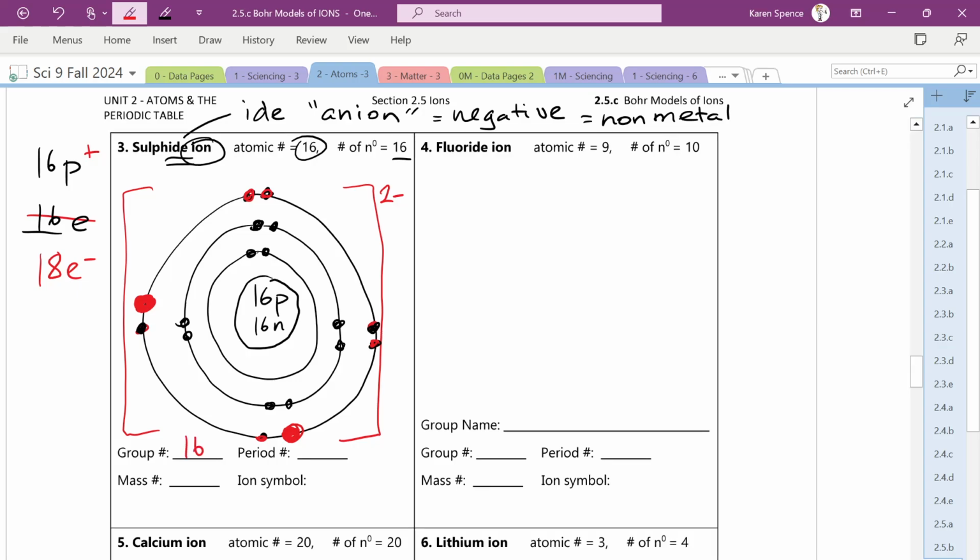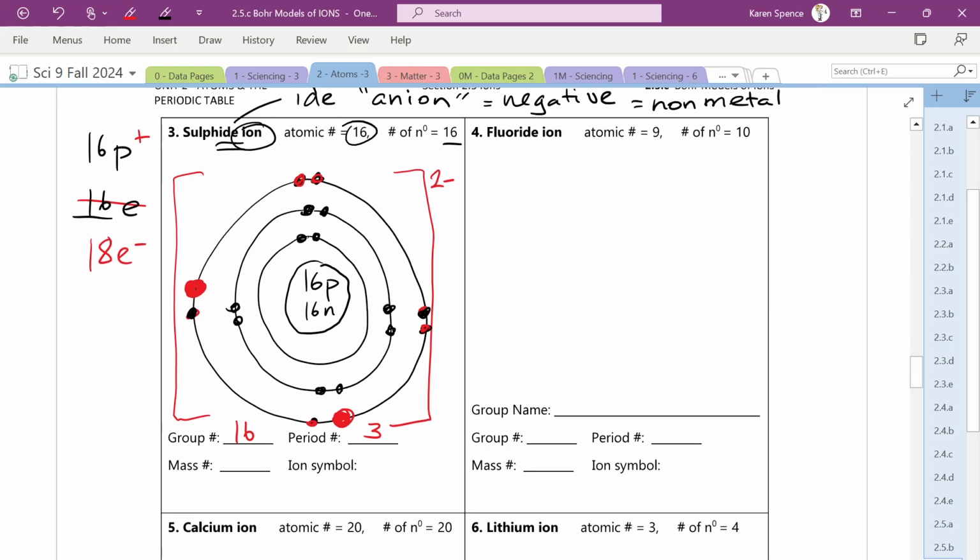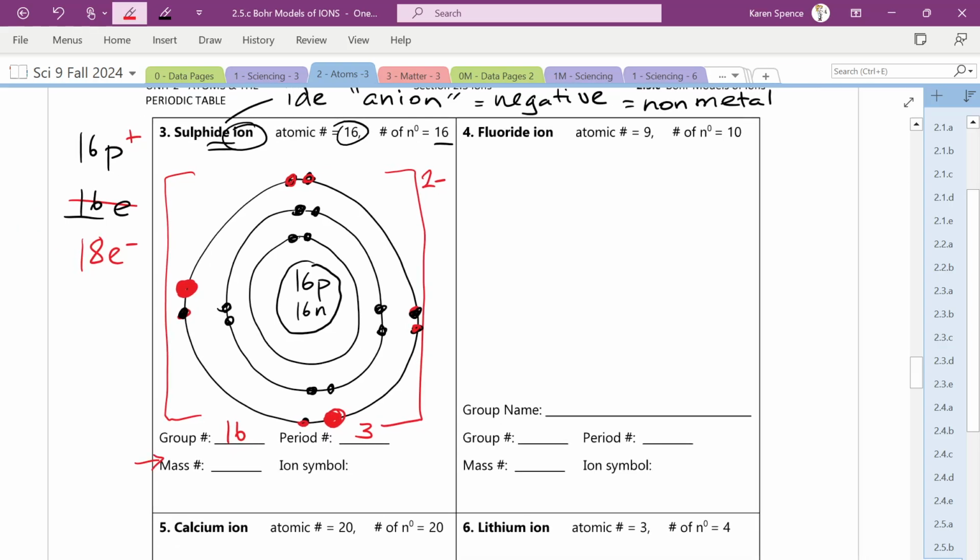Group number 16, period number 3. How do we find the mass number? Protons plus neutrons. Okay? And that's going to give us 16 plus 16. So you can just add up your nucleus, basically. So that's going to give you 32. And the ion symbol, we write S, and we put 2 minus.